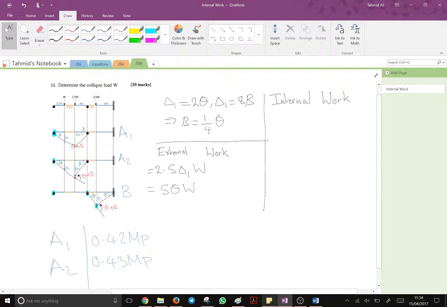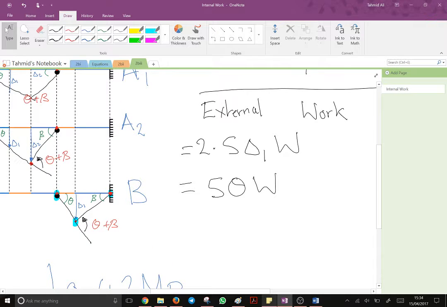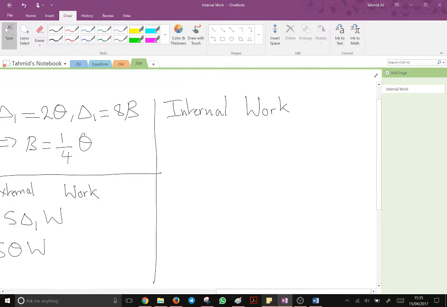Let's look at that. That means MP is going to be traveling a distance of theta. So we have MP times theta, plus MP will also be traveling theta plus beta, plus MP will also be traveling a distance of beta. So I have MP times theta plus MP times theta plus beta, and MP times beta.